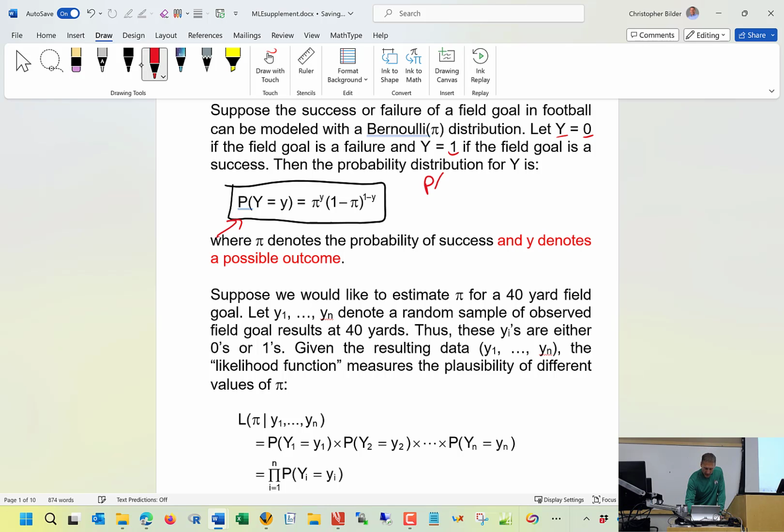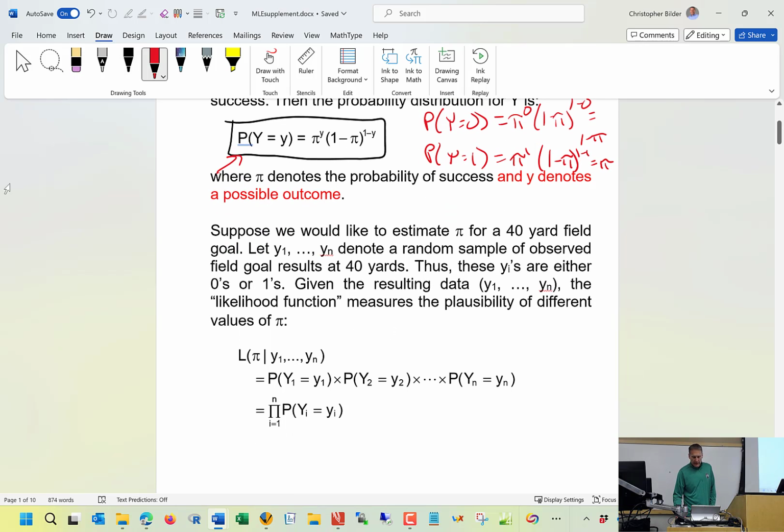So if I simply write this out as the probability Y is equal to 0, this would be pi raised to the 0 times 1 minus pi raised to the 1 minus 0, or in other words, 1 minus pi. Probability Y is equal to 1 is equal to pi raised to the 1, 1 minus pi raised to the 1 minus 1, or just pi. Okay?